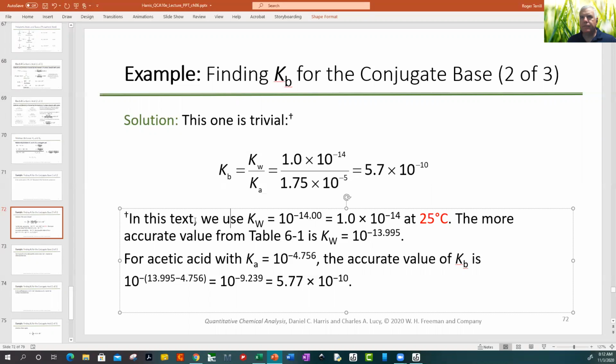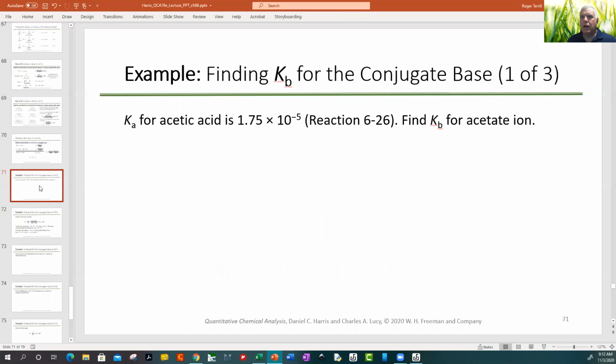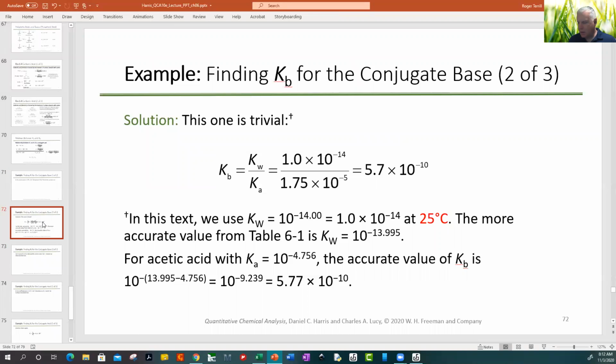And that's for acetic acid, right? So let's see how that looks on the document camera, right?